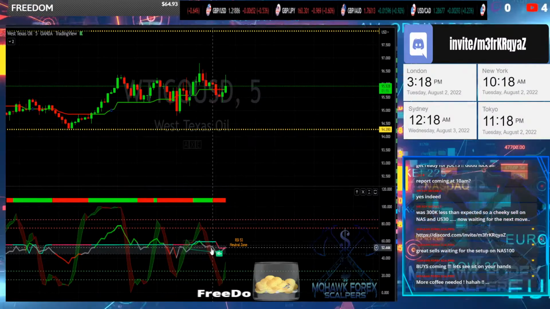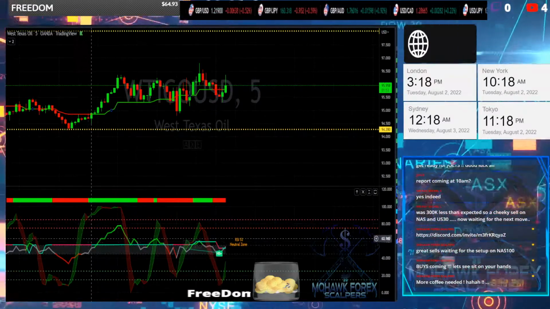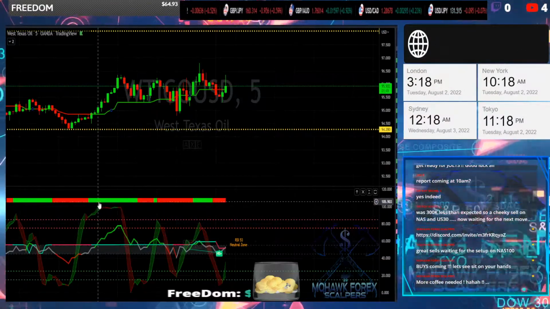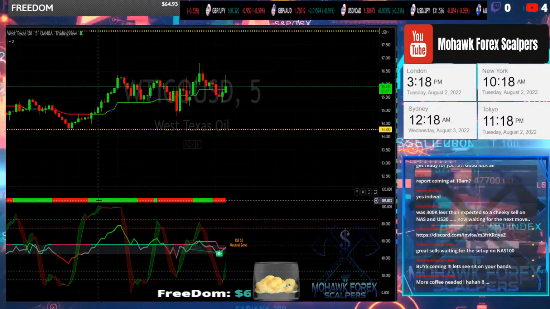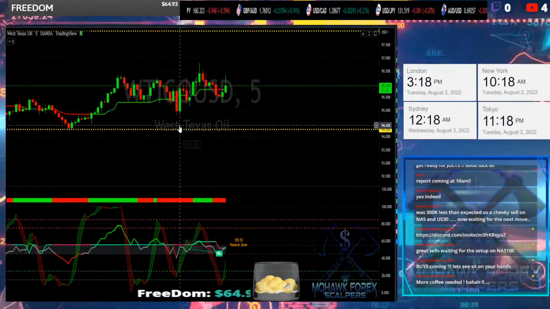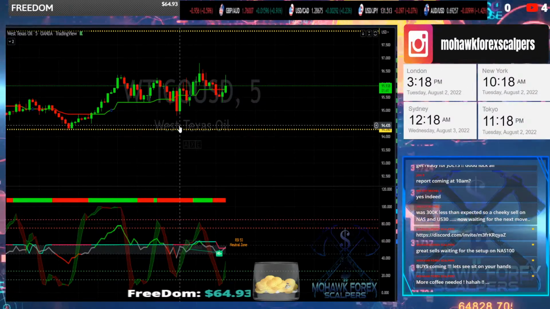Red, but green here. Look, RSI coming out there. My favorite trade, MACD, stochastic. So what you've got to do is just wait.